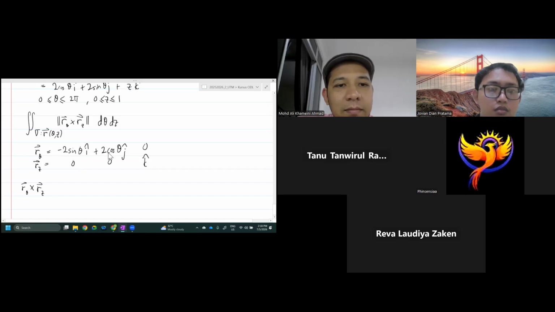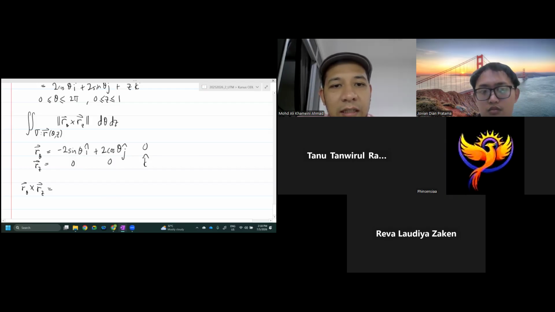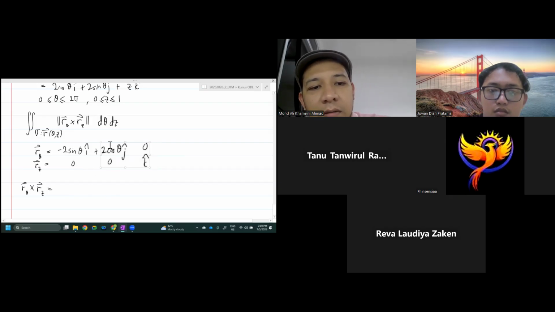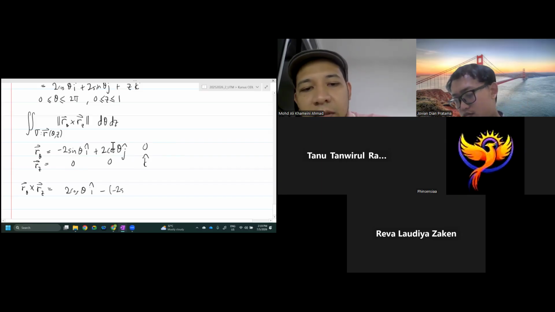To compute the first component, you just take care of this part: you will have 2 cosine theta i. Then minus, you cross-multiply, and you get negative 2 sine theta j.